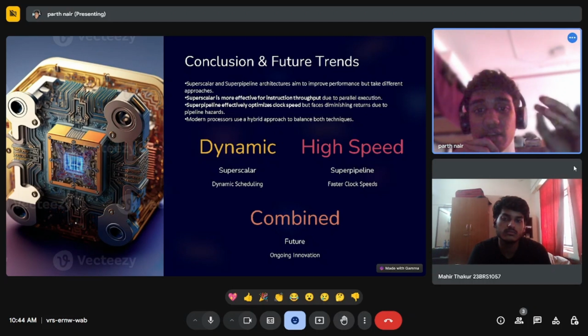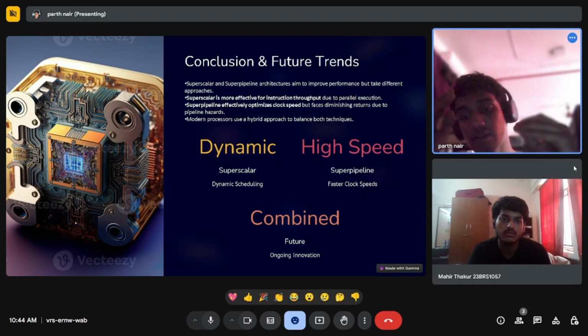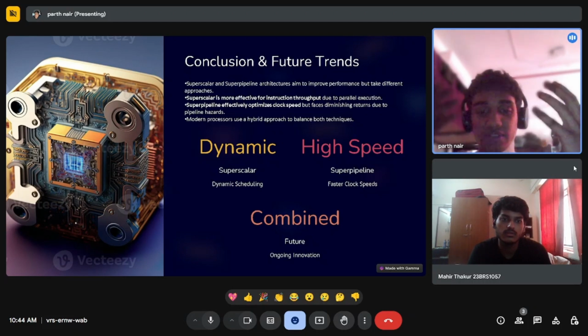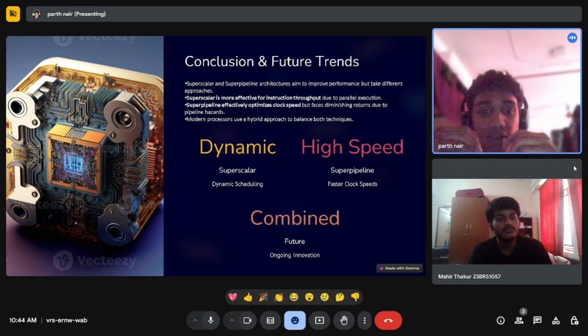Superscalar is more effective for instruction throughput through parallel execution, where three or four different instructions are being worked on simultaneously, whereas super pipeline optimizes clock speed, where every instruction takes, say, half the amount of time to execute, which increases the efficiency. But it also faces diminishing returns due to pipeline hazards.